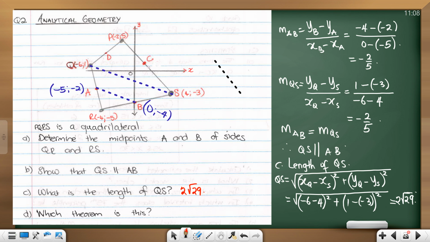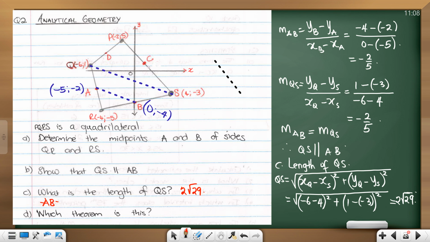What is the distance of AB? Get root 29. You guys don't know how to use your calculators.